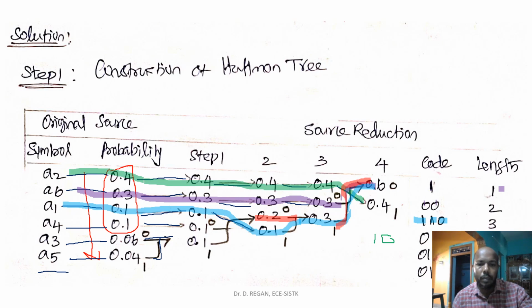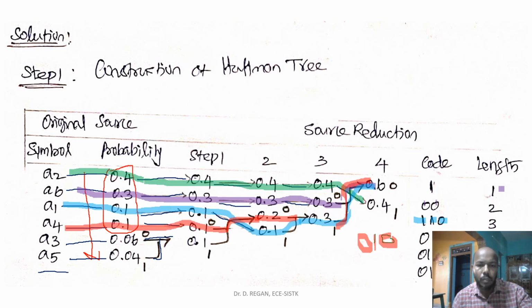So 0, 1. See, that 0, 1. Here 1, 0 is there. So 0, 1, 0. We are coming here. We have 2 branches. One branch goes directly to a symbol, which is the A4 symbol.